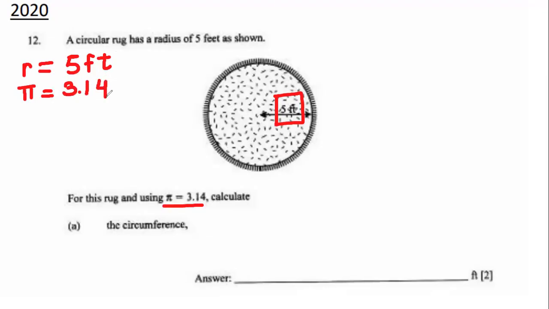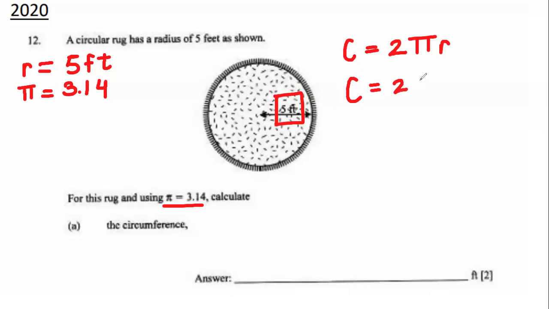All right. So we have everything that we need to solve this. What's the formula? Circumference is equal to what? 2 pi r. Very good. So C is equal to 2.